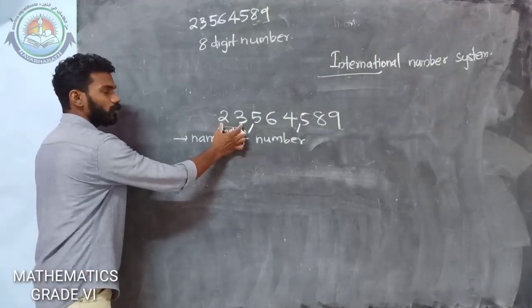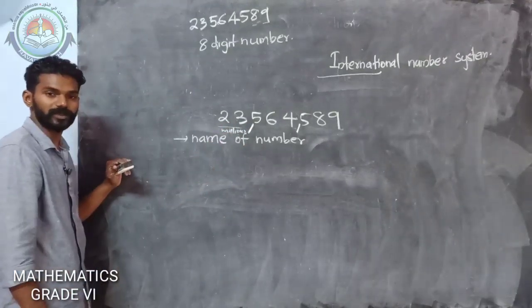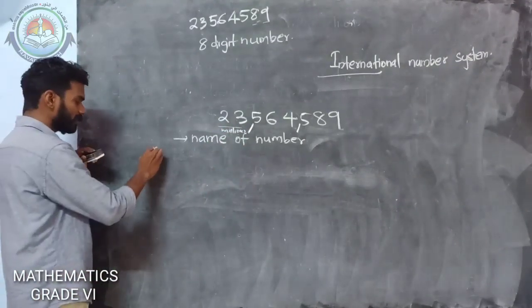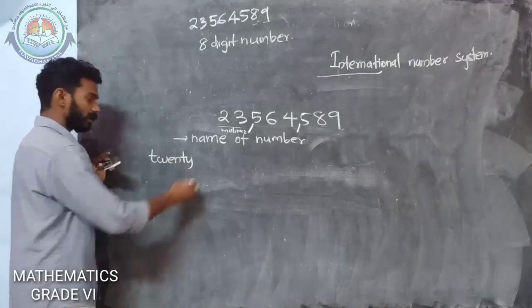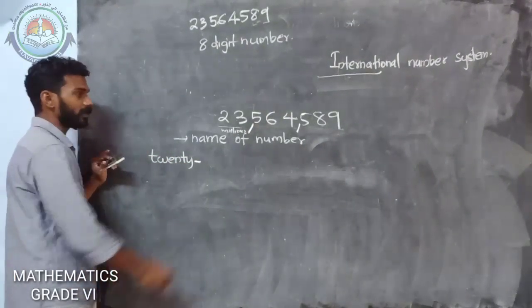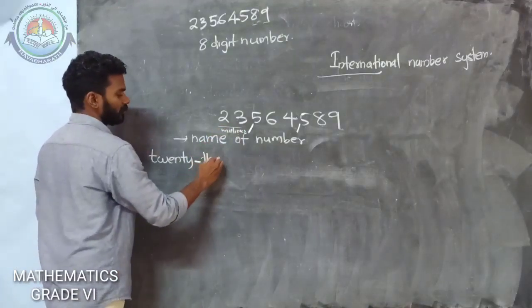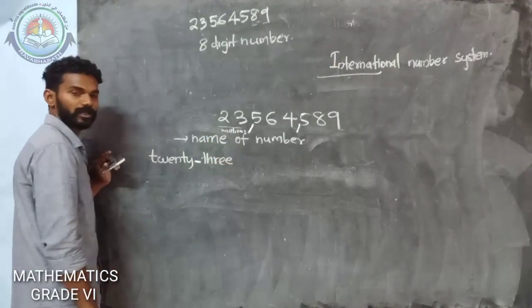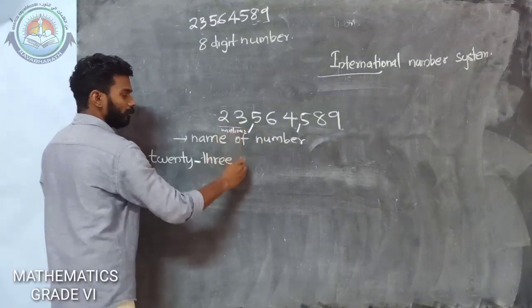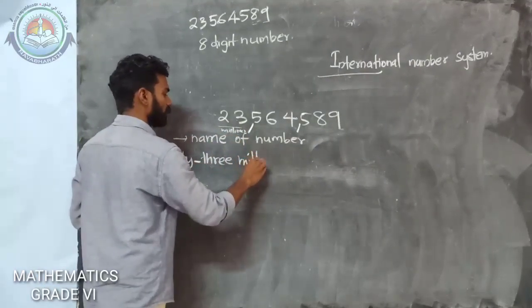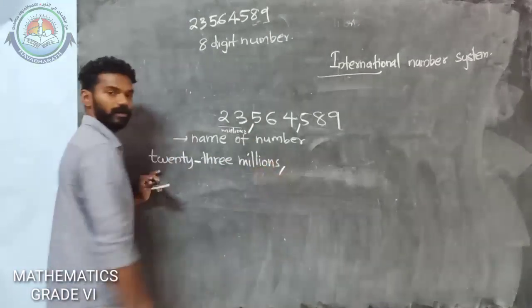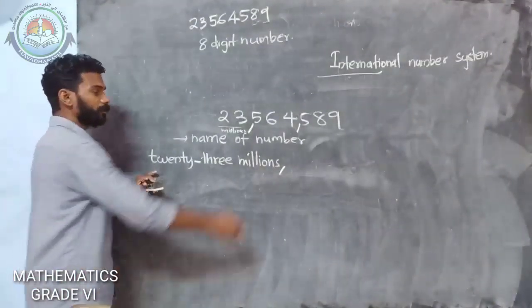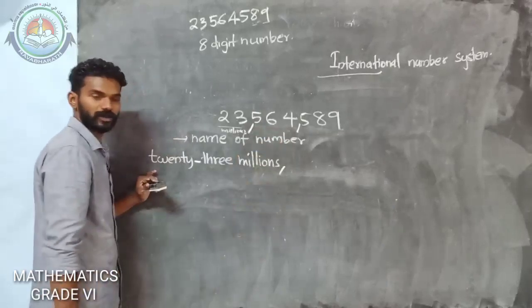There are 23 millions. And how can you write it? First of all, 20, thereafter a hyphen, then 3, 23 millions. Then you have to put a comma. Then the period of thousands.